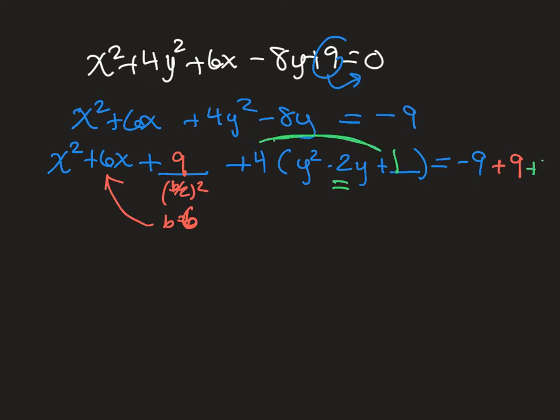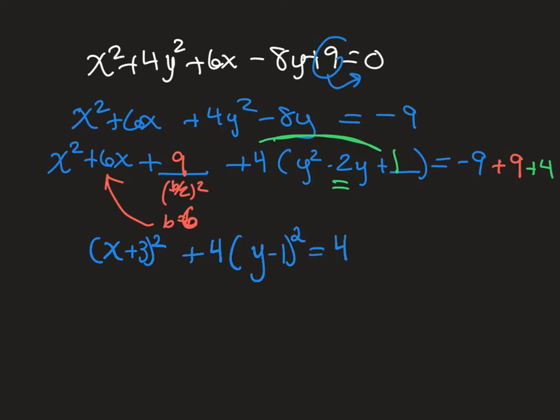So you have to add a 4 to the other side, because you didn't really add a 1. You added a 1 times a 4. This is now going to force the x stuff to factor into (x plus 3) squared, plus 4. And then my y stuff is going to factor into (y minus 1) squared, equals 4.